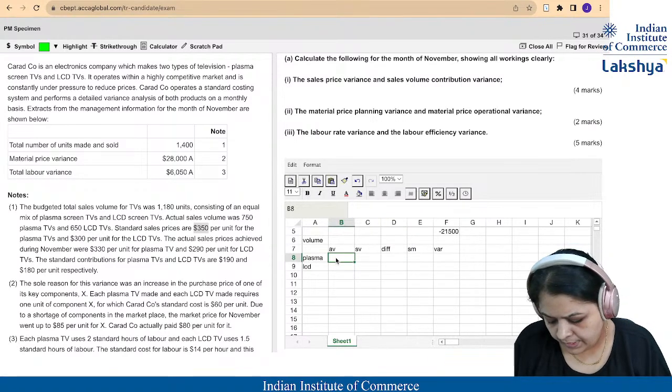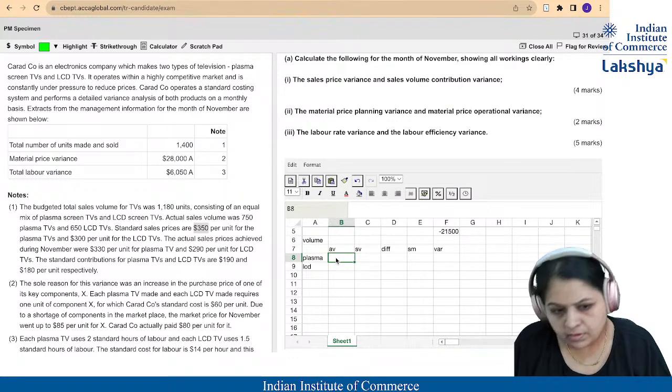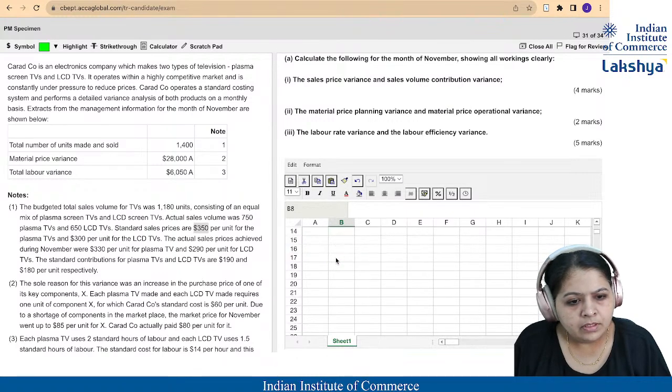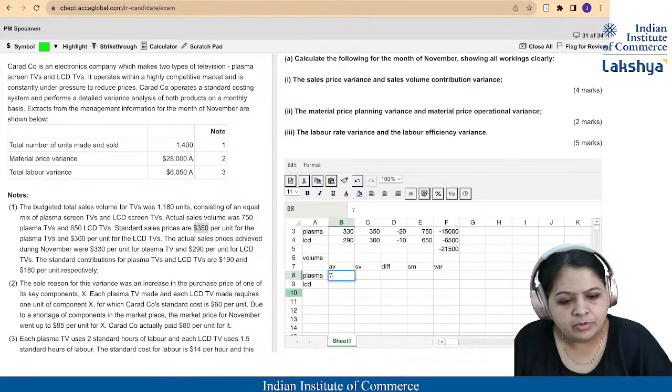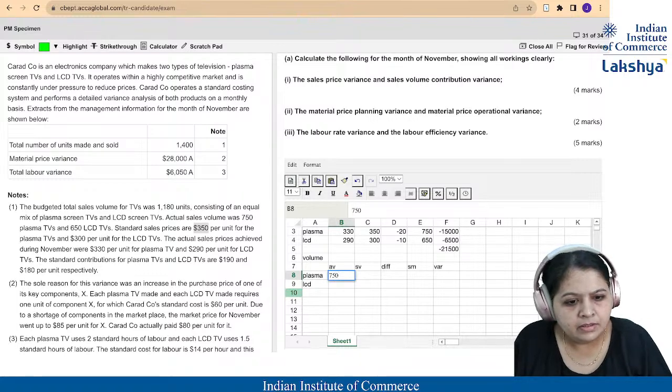The actual volume the company sold was 750 and 650.